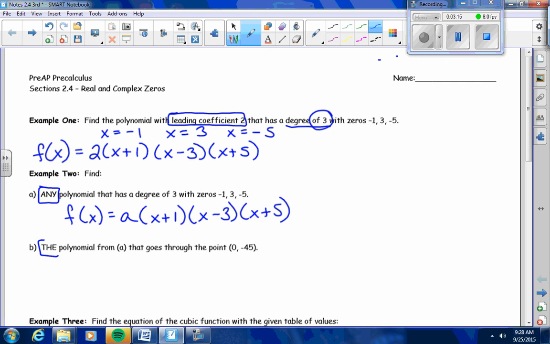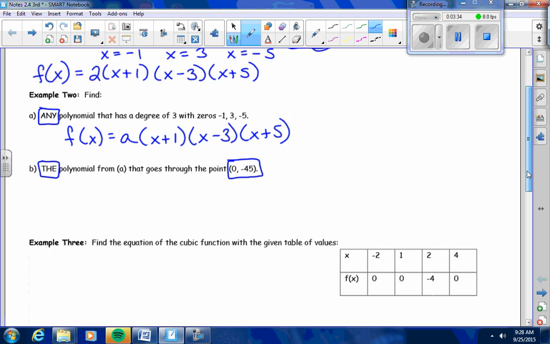Now on part B, it's a little bit more specific. Find the polynomial from part A, so with a degree of 3 and zeros at -1, 3, and -5, but this time it has to go through a specific point. It has to go through the point 0, -45. Okay.